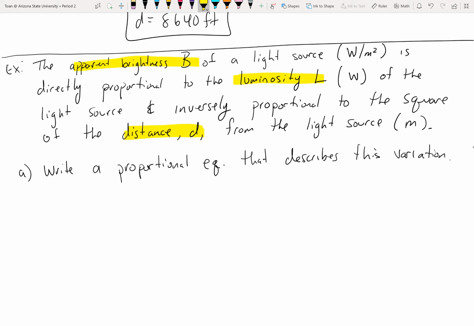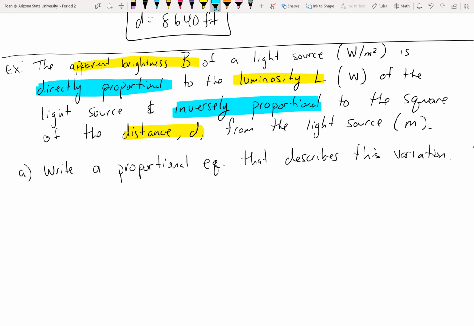Next thing I want to do is figure out where my trigger words are: inversely proportional, directly proportional, and so on. In this problem, we have two trigger words. We have directly proportional and inversely proportional. So you have to figure out which variable is doing what. Now, fortunately, it reads like an English sentence.